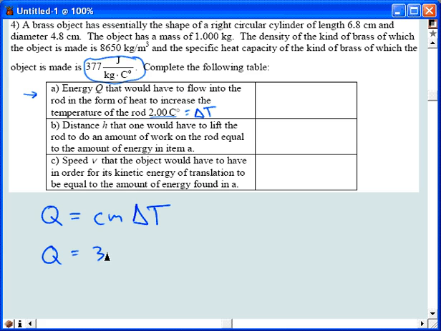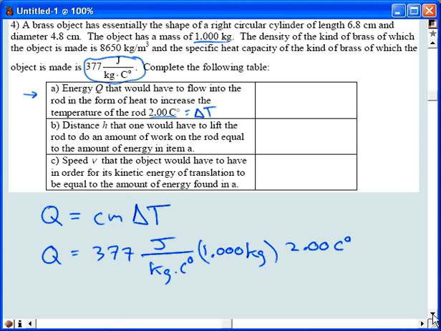So 377 joules per kilogram Celsius degree times the mass given as 1 kilogram, and then times delta T, which is 2.00 Celsius degrees.